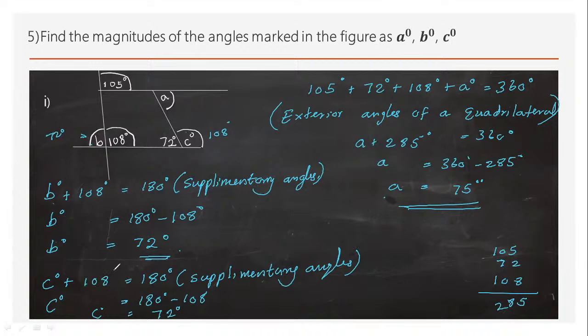But answers are correct. 108. This is given here 72. I will correct it. 72. Yeah, 72 plus C, 180. C equals 180 minus here 72. Then our answer C equals 108.